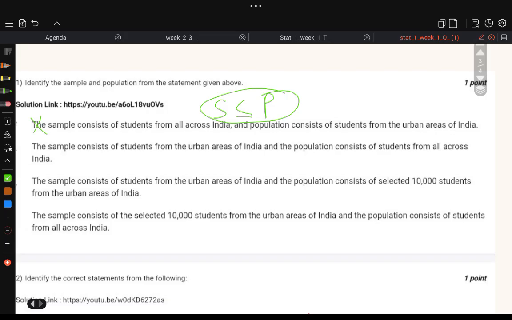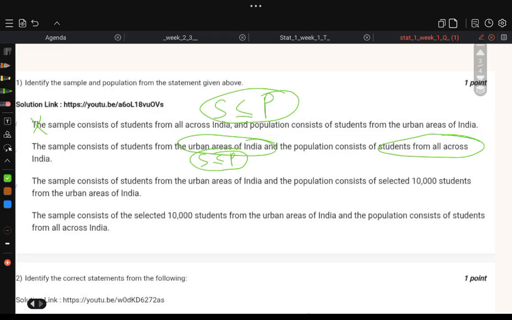The second one says that the sample consists of students in urban areas and the population consists of students from all across the country. Here the sample is less than the population, but the option is incorrect in this case also. Why? The sample is biased here. The sample only consists of urban areas, whereas the population consists of students from all across the country.